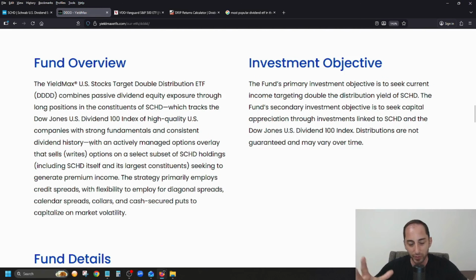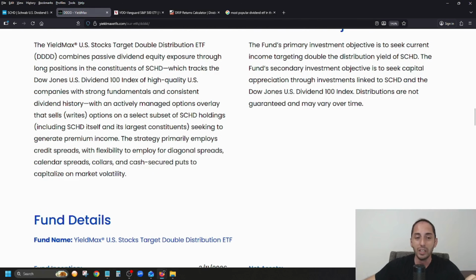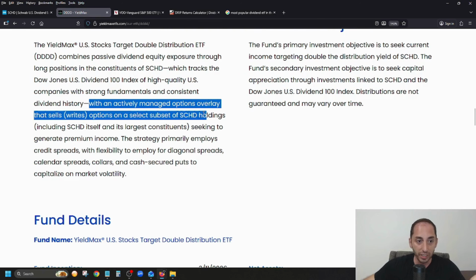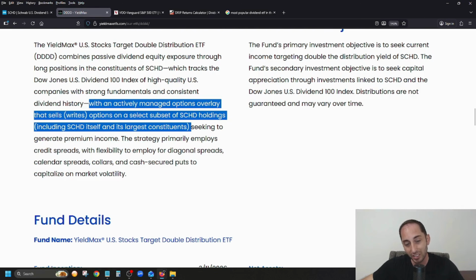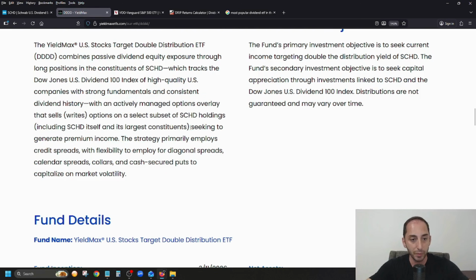And here's what sets this one apart, how they actually accomplish the goal of getting approximately double the distribution yield: an actively managed options overlay that sells options on a select subset of the SCHD holdings, including SCHD itself and its largest constituents, seeking to generate premium income. So they are writing call options on either SCHD itself or the stocks inside SCHD.